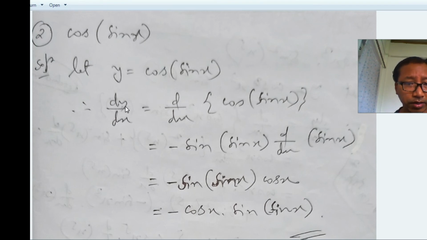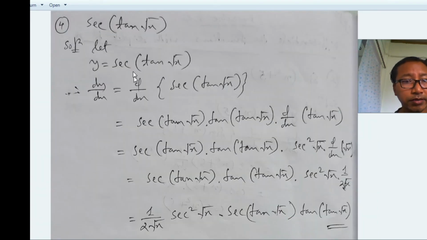So dy by dx is equal to d by dx of this part. As we know, d by dx of cos x is minus sin x, so it will come as minus sin of this part, but it is not x, so we have to differentiate that part again. So minus sin of this, then d by dx of sin x is cos x. This cos x we will write here: minus cos x sin of sin x. This is the answer for this question.